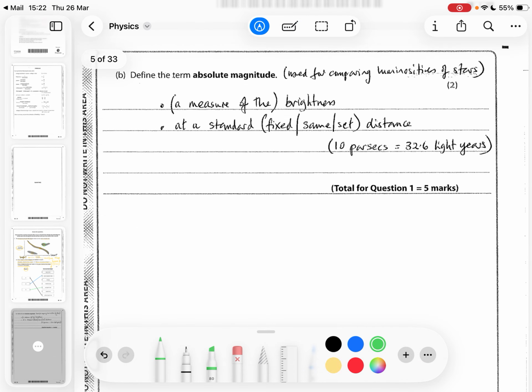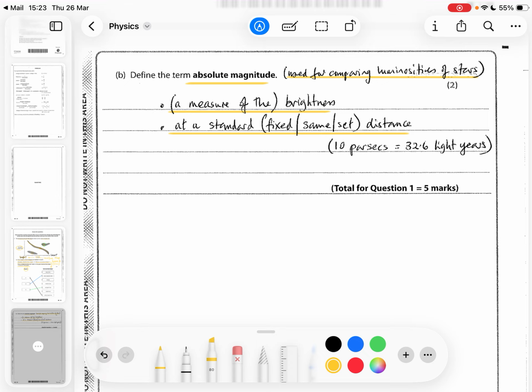Then it says, define the term absolute magnitude. This is used for comparing the luminosities of stars in a fair way. So it's a measure of brightness at a standard distance.